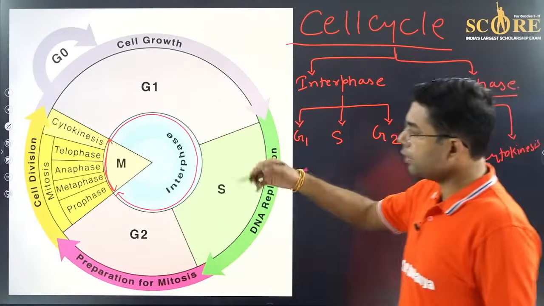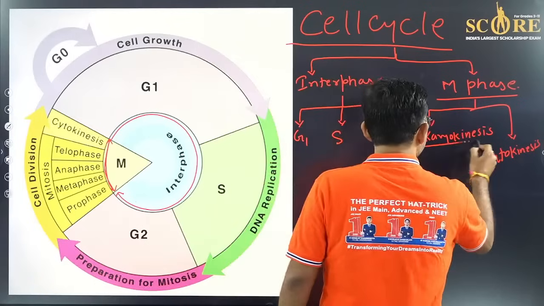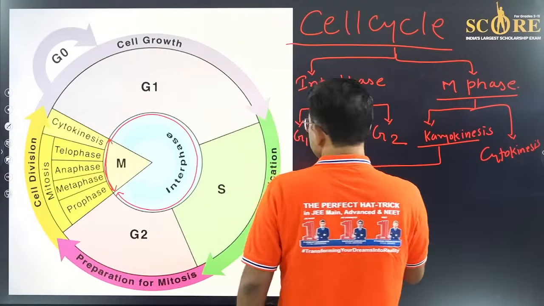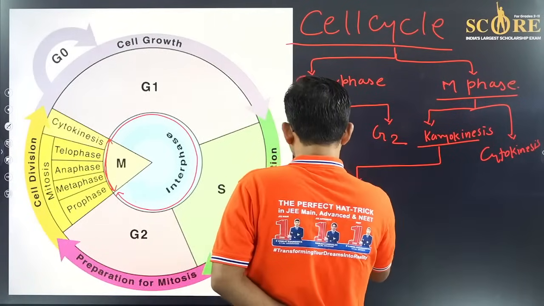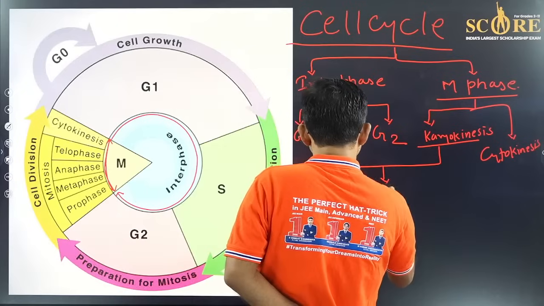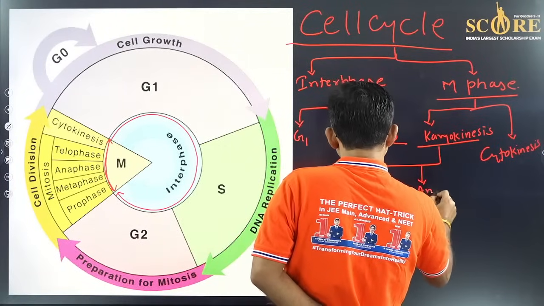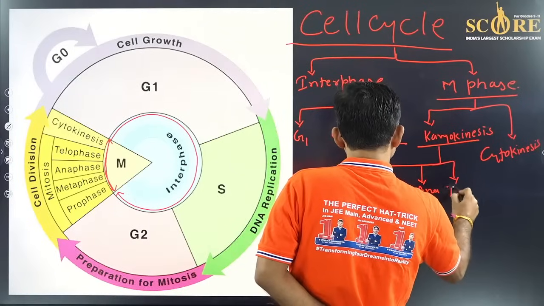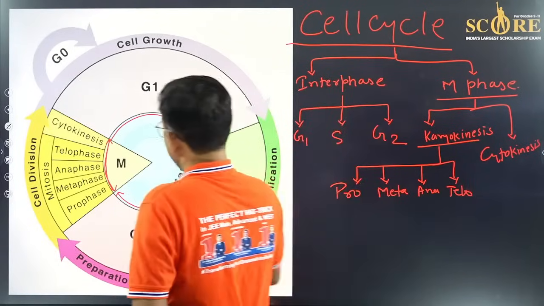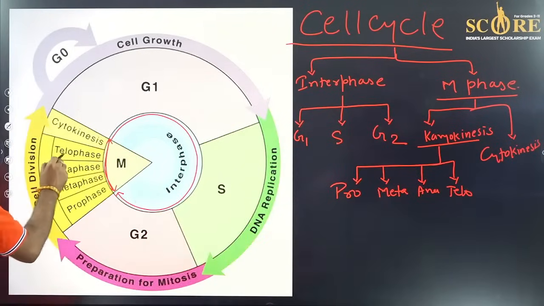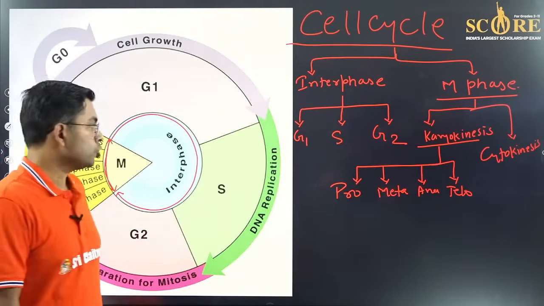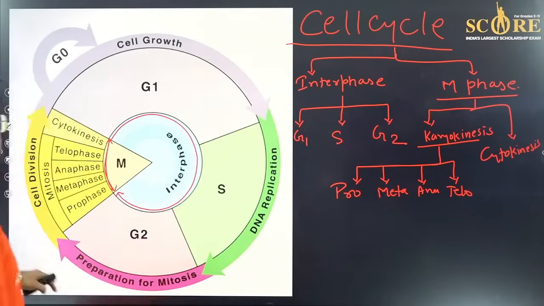The karyokinesis will be further divided into prophase, metaphase, anaphase and telophase, and finally the cytokinesis. All together this forms the cell cycle.